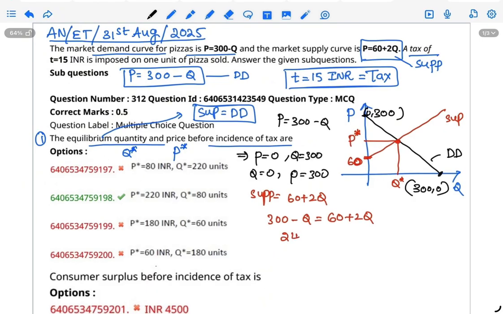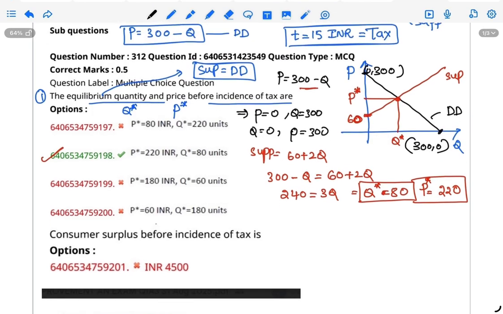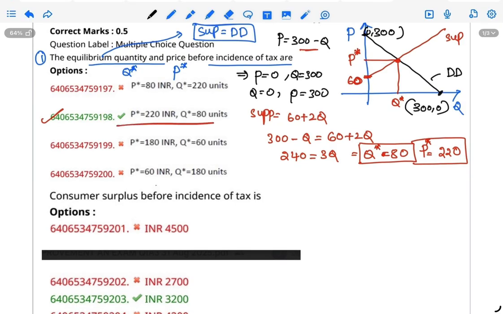So 300 minus 60, 240 equals 3Q, that is Q star equals 80. Put Q star equal to 80 in the equation: P star equals 300 minus 80, which is 220. These are the equilibrium price and quantity, 220 and 80. For this question, the answer is B.